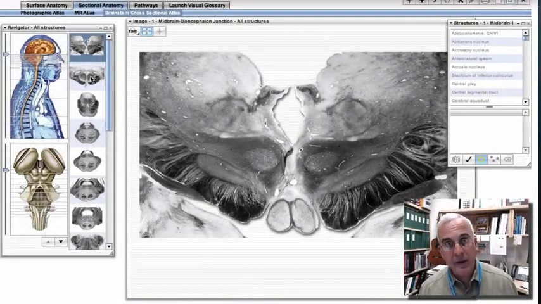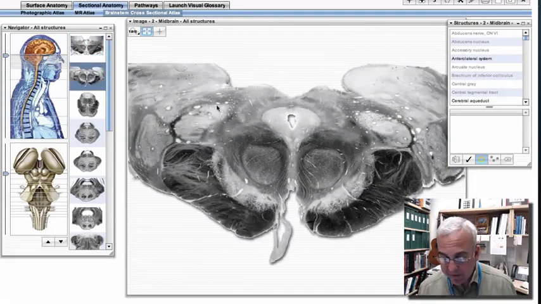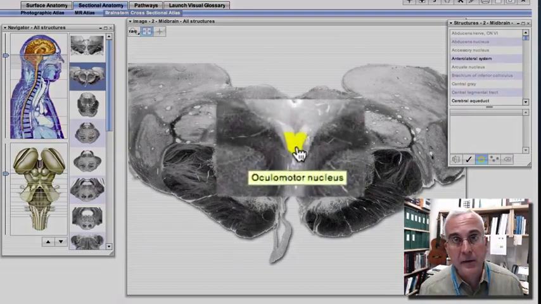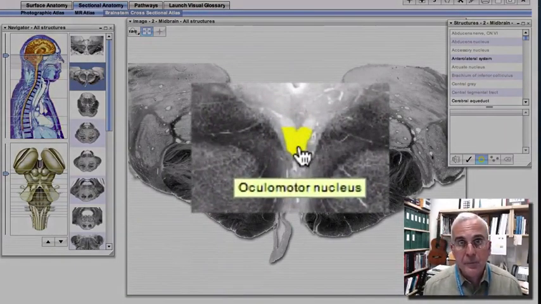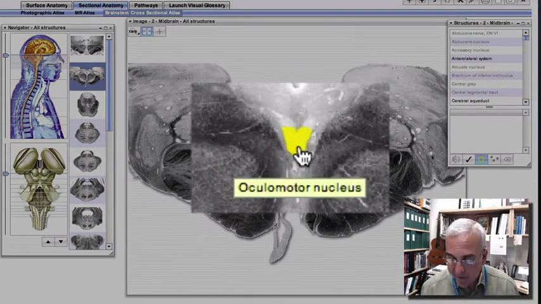So if we look at the midbrain section, what you'll see if we follow back the nerve roots of the oculomotor nerve is our oculomotor nucleus. So this is the source of the somatic motor outflow that governs those striated muscles that we have in the orbit, and a levator muscle that opens our eyelids.